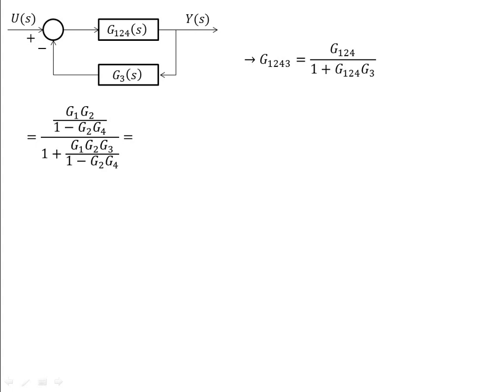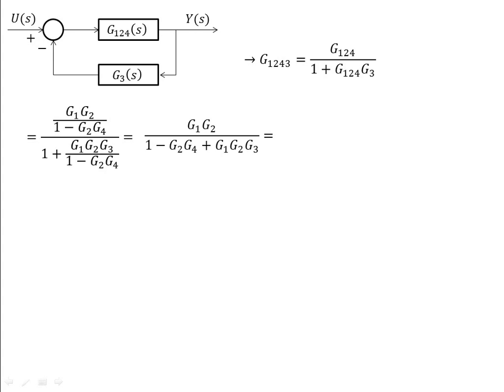If we substitute the transfer functions of G124 and G3 into this expression and further simplify the ratio, we will get G1 G2 over 1 minus G2 G4 plus G1 G2 G3.